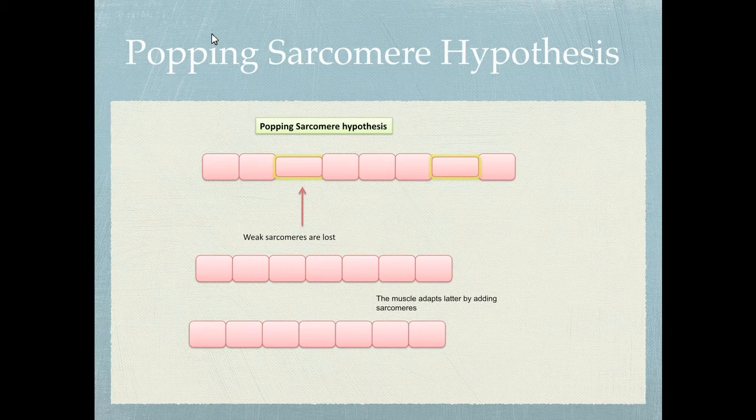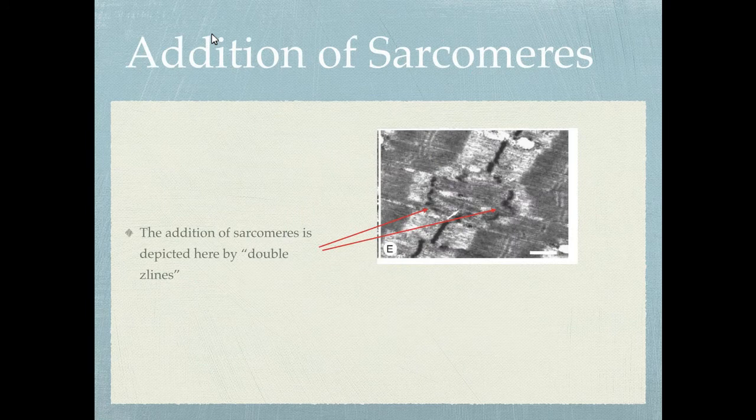However, after a period of time of continuing to train, you may recover that volume by adding additional sarcomeres. If you look under a microscope, we can see here the depiction of additional sarcomeres, or sarcomerogenesis, and that's the addition of sarcomeres. That's depicted by double Z lines.